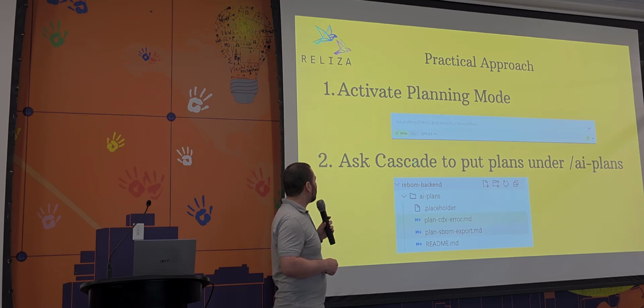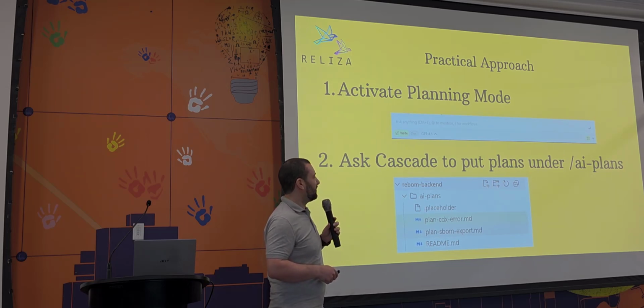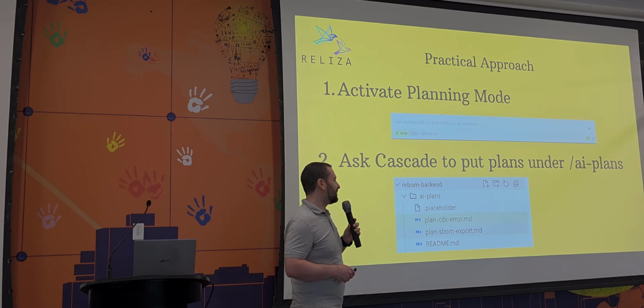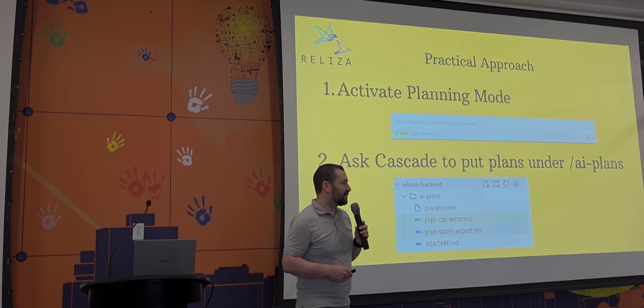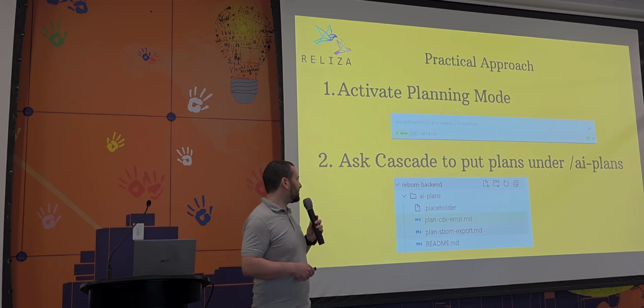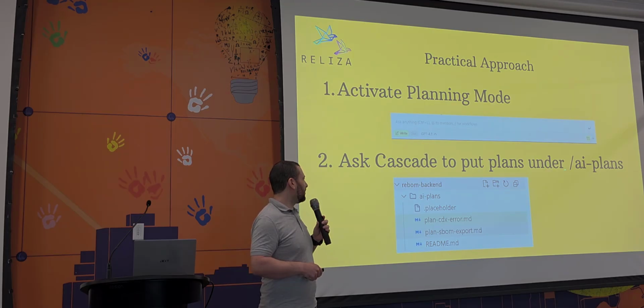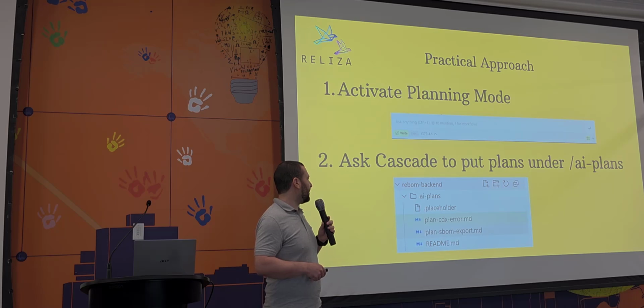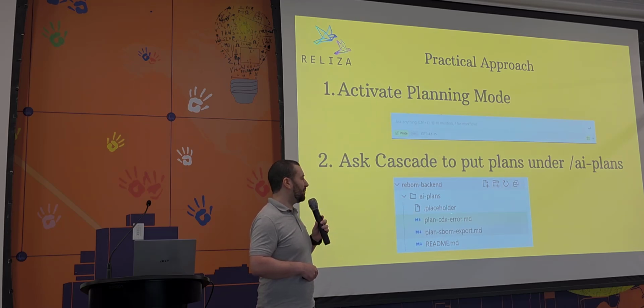So the next thing, this is what we do. This is not mandatory, I just add a prompt to Cascade to create a directory called AI plans and put all my plans in there.